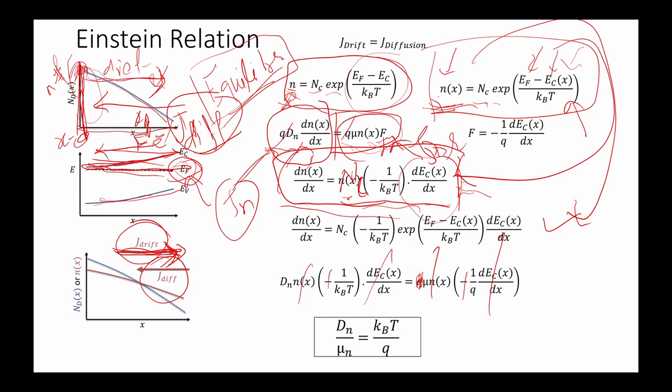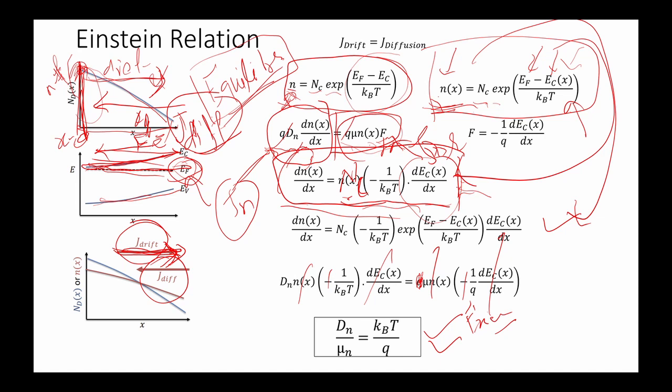So finally, the result that we get is Dn by μn is equal to kBT by q. This is known as Einstein's relation. We have assumed our semiconductor is n type.